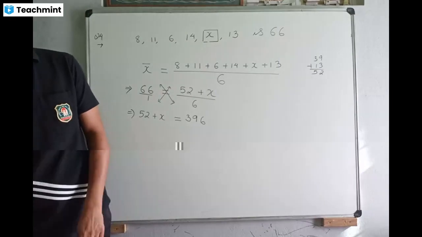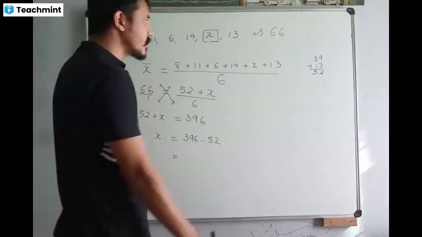Now, in order to find x, you have to transpose this 52 to the other side. Since this 52 is a positive quantity, as you transpose it, it gets converted to a negative quantity. So x is 396 minus 52.